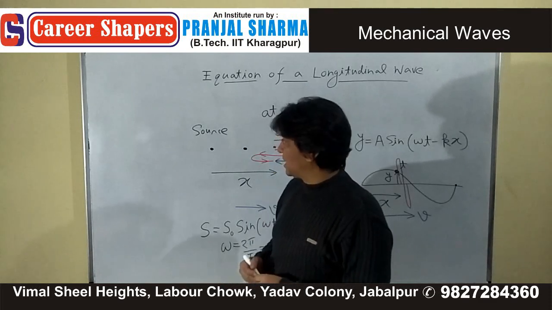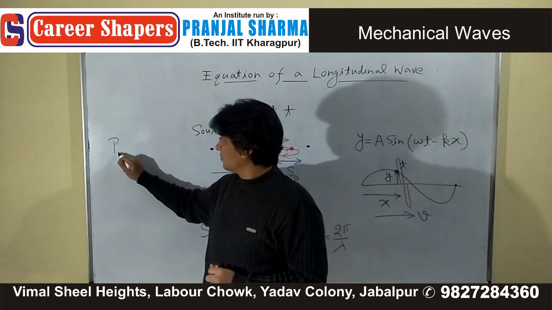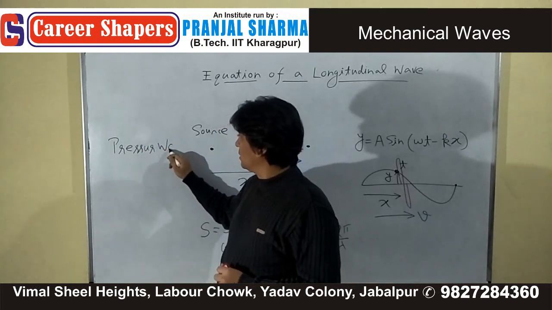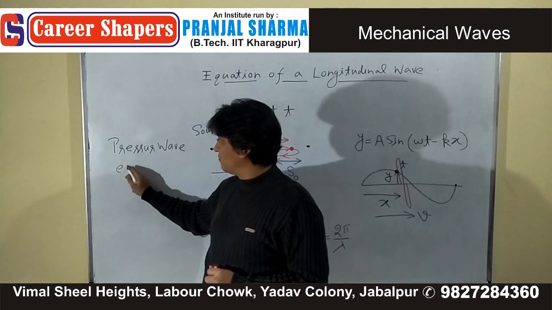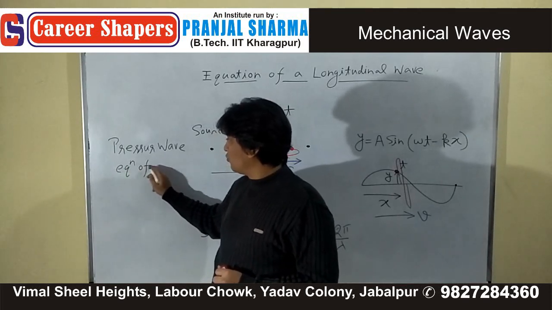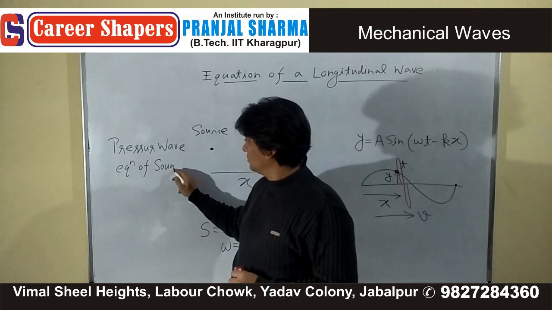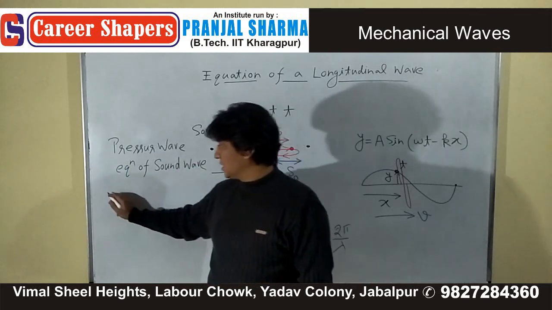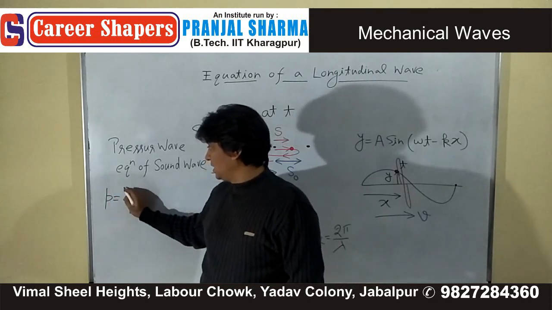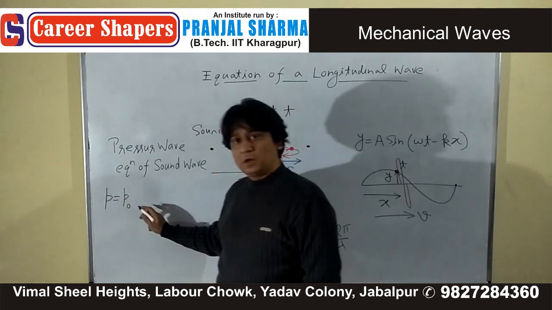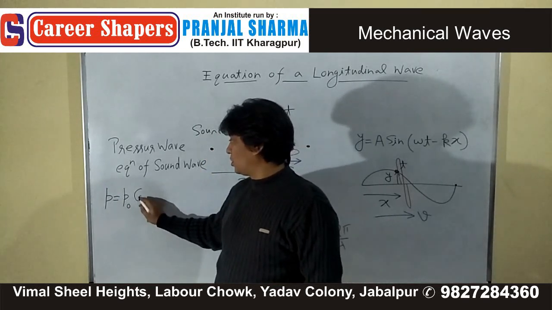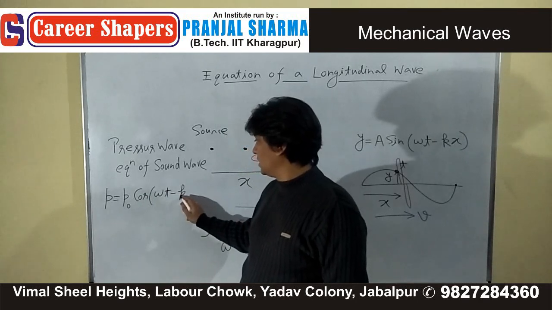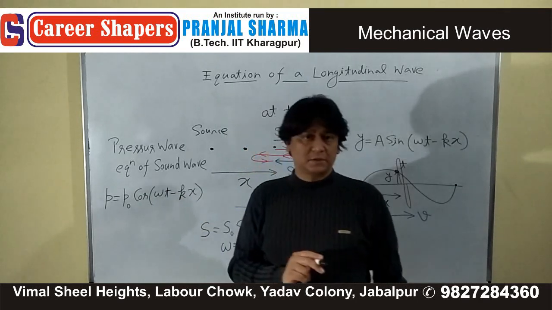So if you write the pressure wave equation of sound wave, then we write P equals P naught cos of omega t minus kx.